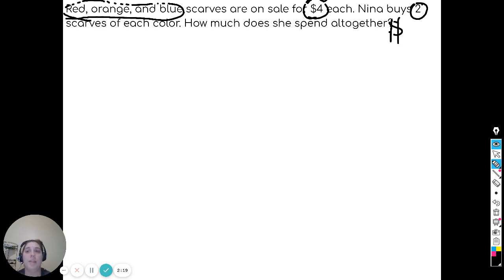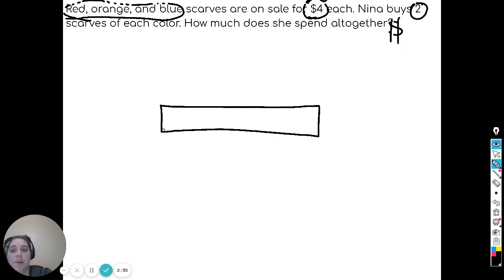Well, when I think of this, I'm thinking of a tape diagram. You might have thought differently, but I'm going to do my tape diagram. It says that she has red, orange, and blue scarves, and she buys 2 of each color. So I'm going to split my tape diagram into pieces. There's 2 red scarves.